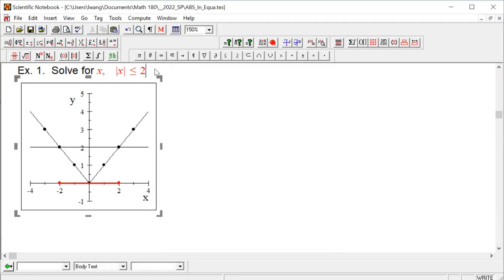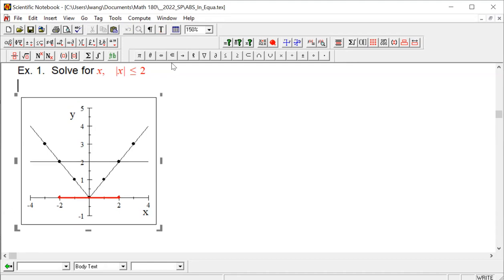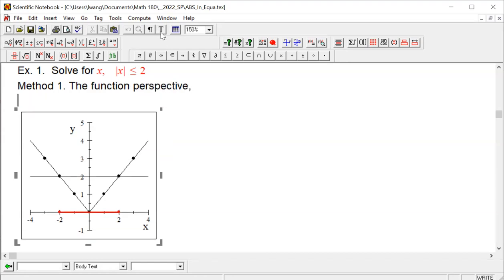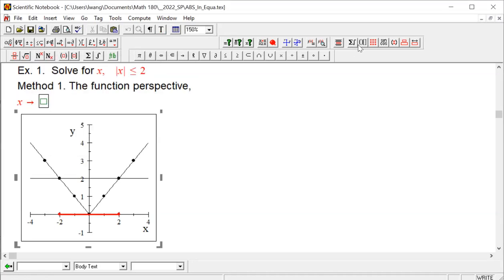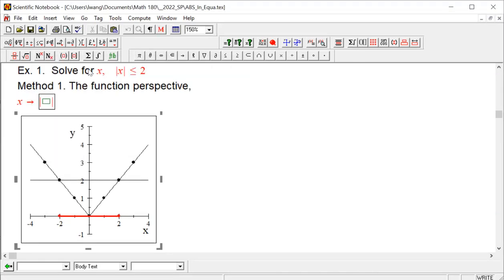Okay, so if we want the output to be less than or equal to 2, from the function perspective, we have the function, the absolute value, and the output is less than or equal to 2.